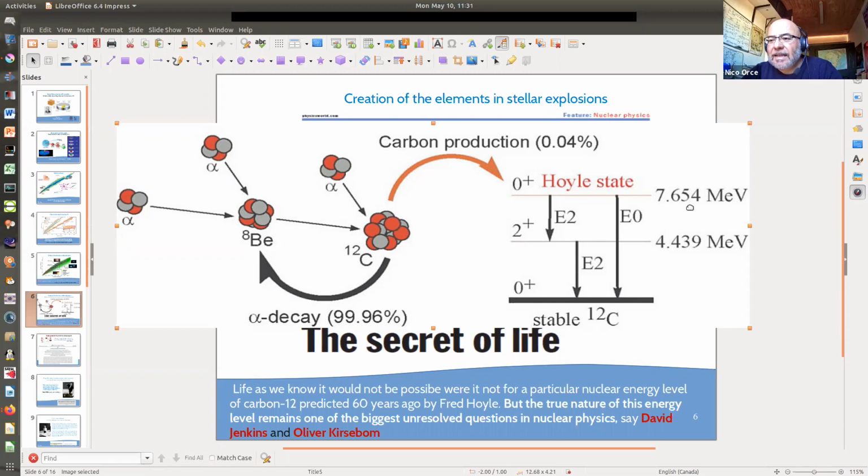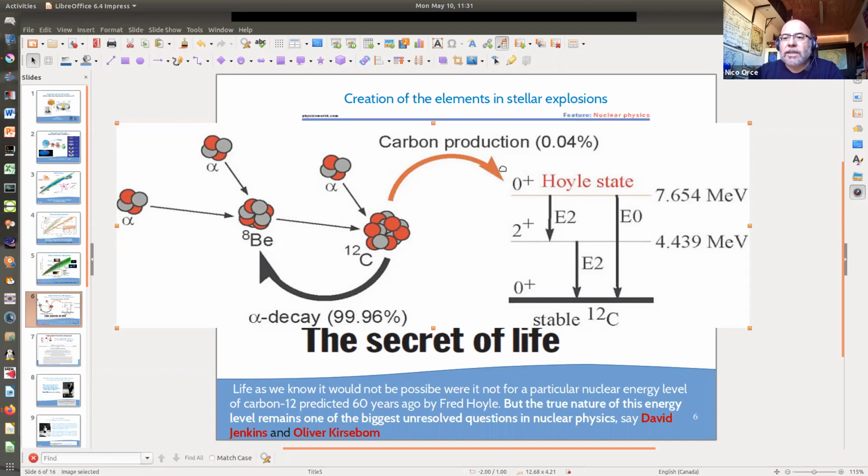It's really a magic state, because without it, we wouldn't have the resonance that we need to produce enough carbon and to produce life, right?